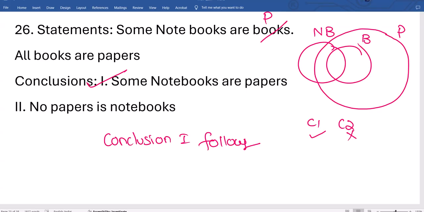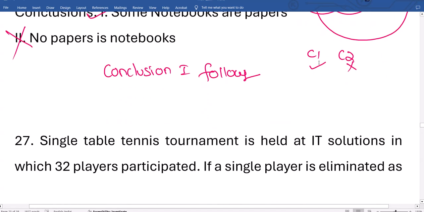The second conclusion is saying there is no connection, but we saw in the diagram and in basic analysis that both say there is a connection between notebooks and papers. Second one wrong, right? So there are many ways. One is the diagram. Some questions we can solve directly like this also, as there are only two statements, we can handle it. Now let's see the next one, 27.